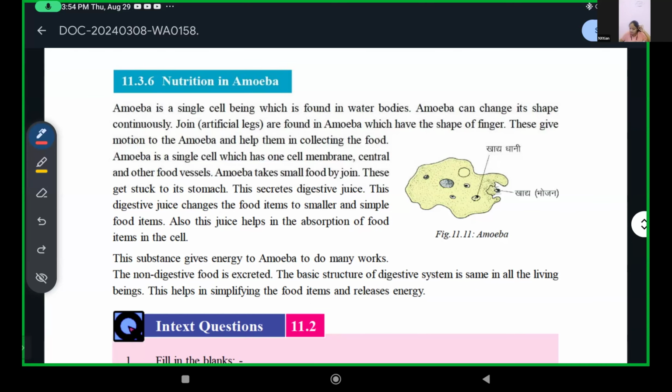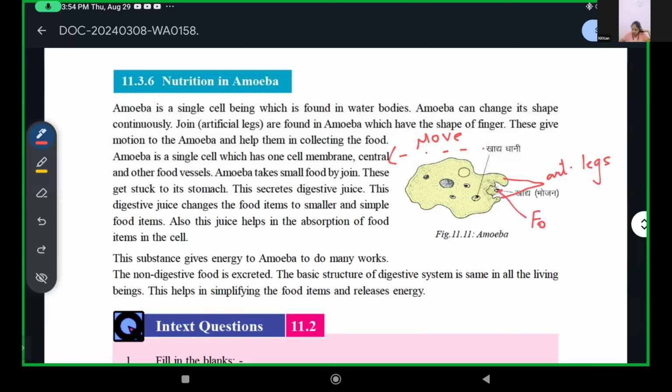Okay, so can you see this portion? These are basically the artificial legs of the amoeba, which help them to move. And also the food particle gets stuck to it. Can you see this black thing?